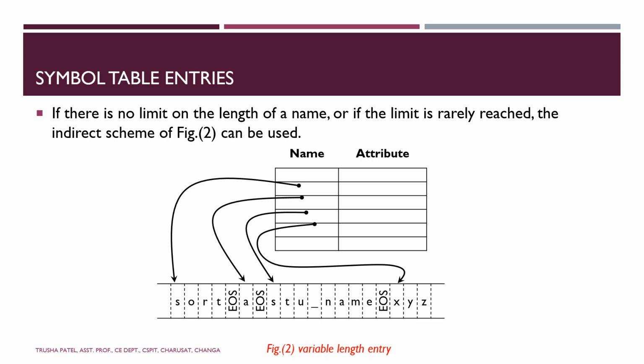And the very first pointer is pointing to sort. The second pointer is pointing to A. The third is pointing to stu underscore name, and the fourth is pointing to XYZ. Now here there is no wastage of memory, and we are also not putting any upper bound limit on the variable name, right?